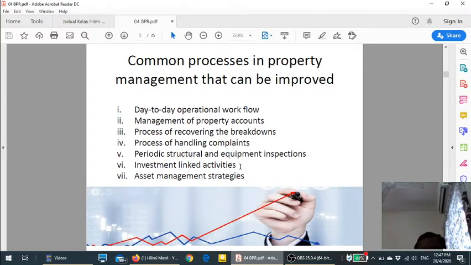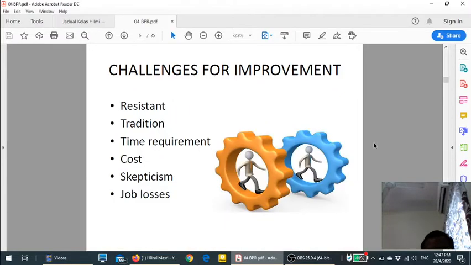Number 7 is the asset management strategy, which is how you are going to retain the market value of the property, or even help to increase it. This is related to the asset management aspect.